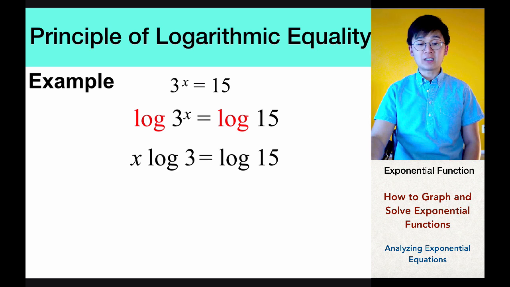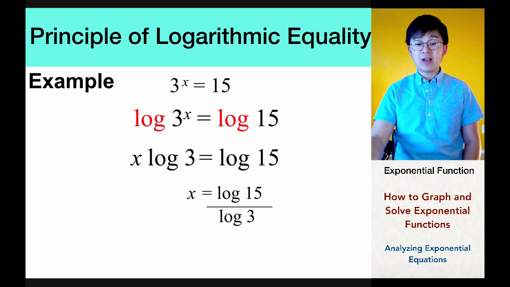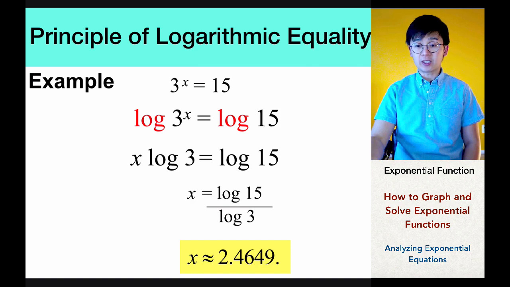So by canceling logarithm of 3 to the base 10, pwede nating i-divide yung both sides ng logarithm of 3 para magkaroon tayo ng log of 15 all over log of 3. Now, gamit ang calculator, ang value ng log of 15 divided by log of 3 ay equal to 2.4649. So ito yung value ng solution natin using the property of logarithm at ang ating calculator.